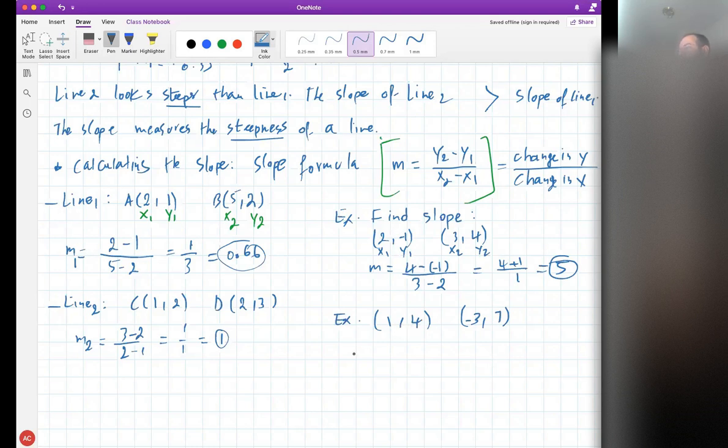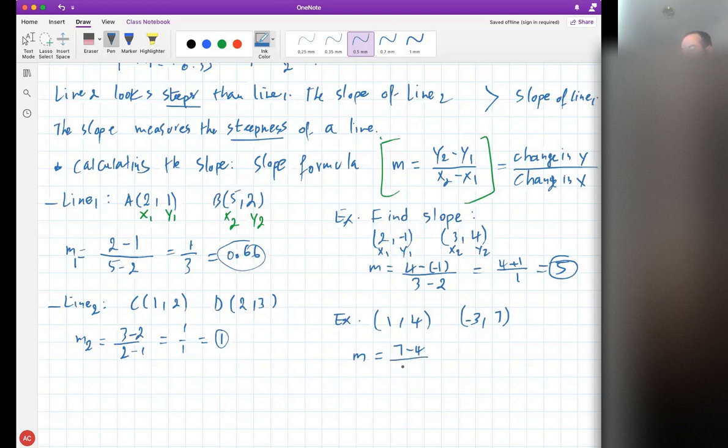Same thing here, we're going to apply the formula. So m, what do we write at the top? The change in y. It goes here: 7 minus 4, the y minus the y.